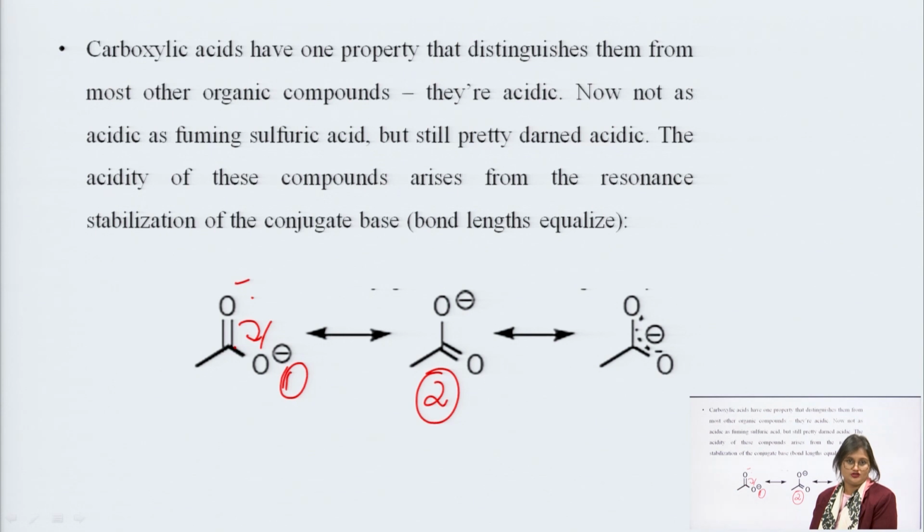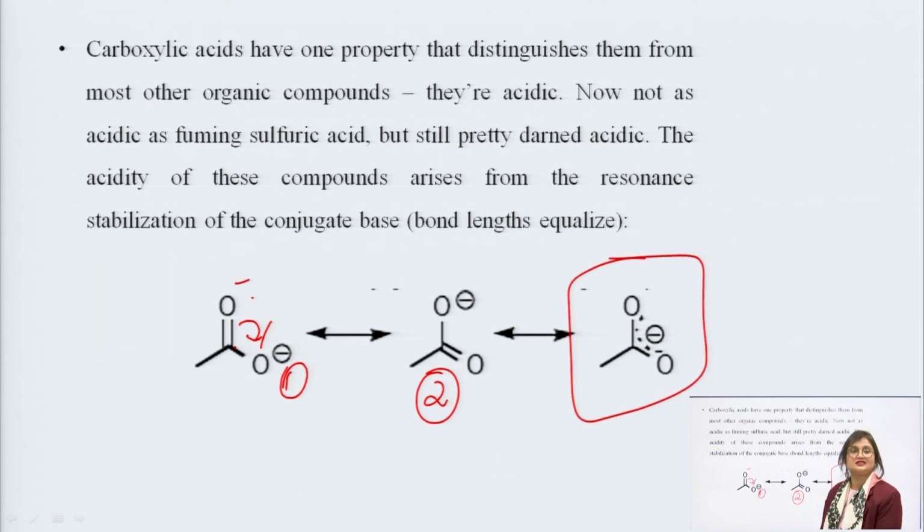So, carboxylic acid is resonance stabilized, and upon losing a hydrogen atom, it forms a resonance stabilized structure, hence imparting an acidic nature to these acids.